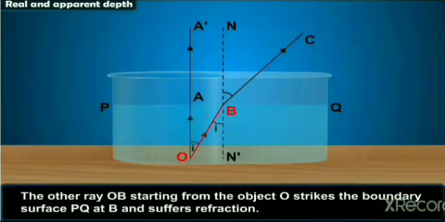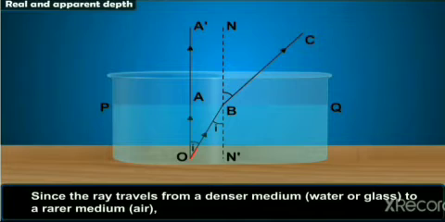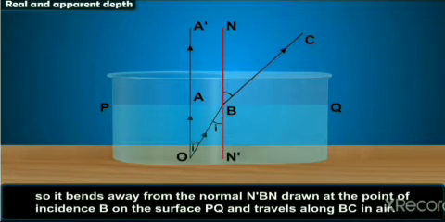The other ray, OB, starting from the object O, strikes the boundary surface PQ at B and suffers refraction. Since the ray travels from a denser medium, water or glass, to a rarer medium, air, it bends away from the normal BN, drawn at the point of incidence B on the surface PQ, and travels along BC in air.